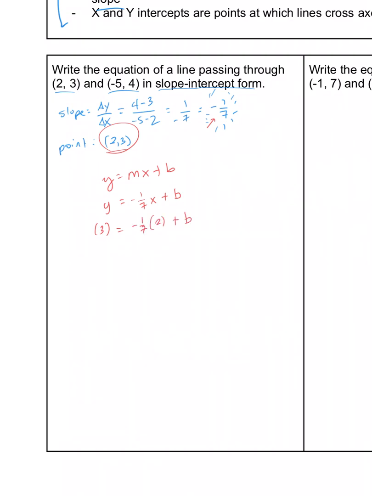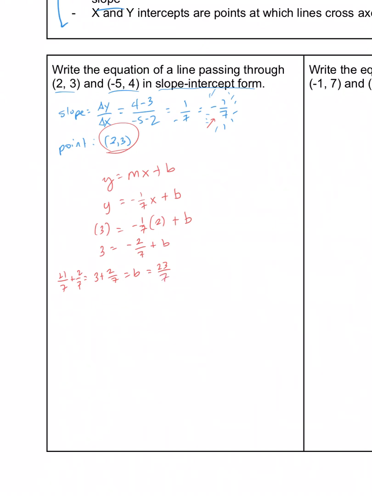This leaves me an equation I can then solve for b, multiplying those things together. And then I want to move my -2/7 to the other side. And then these are adding fractions, so I need a common denominator. 3 is 21/7, so that gives me 23/7.